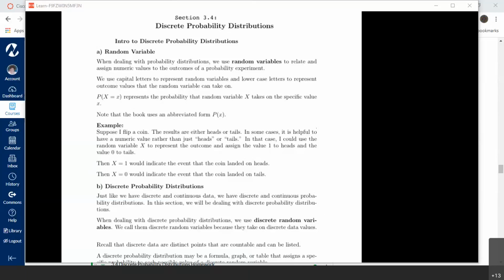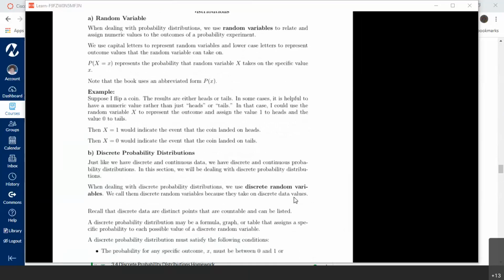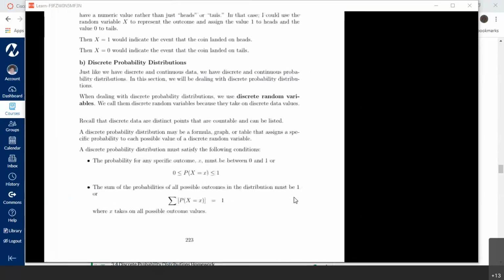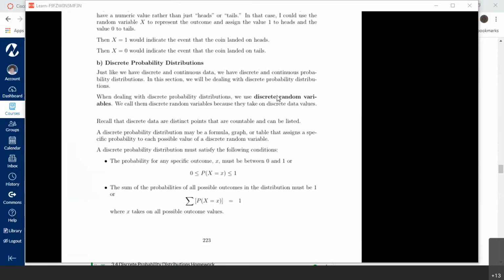But discrete things in mathematics refer to data that is countable, okay? So likewise, discrete probability distributions connect to discrete random variables, okay? And what are those? Those are random variables, capital X, that take on specific countable values. Discrete data values. And what that means is they're countable.